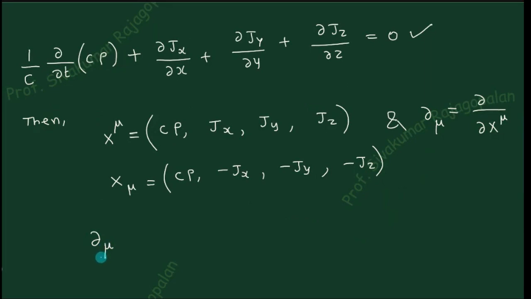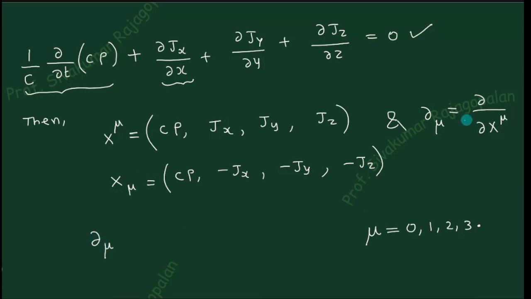Remember, 4 components it will take care, because whenever you write this index in the Greek symbol, we should tell over what range it runs. It runs from 0, 1 to 3, and then full stop. So totally 4 components are there. So dou mu means it takes care of 4 components. Where are the 4 components? So this will be the first component, that will be the second component, etc. Therefore, dou mu is okay.